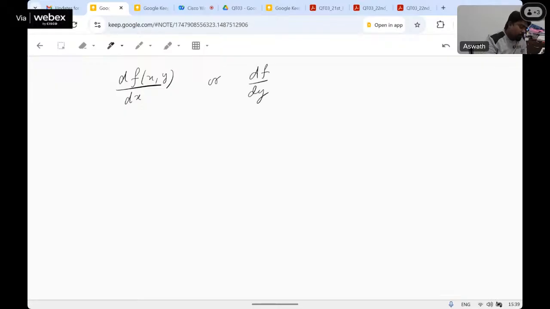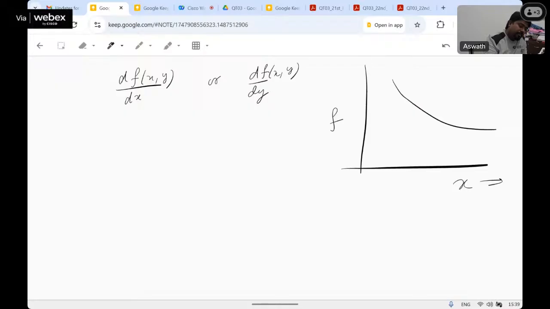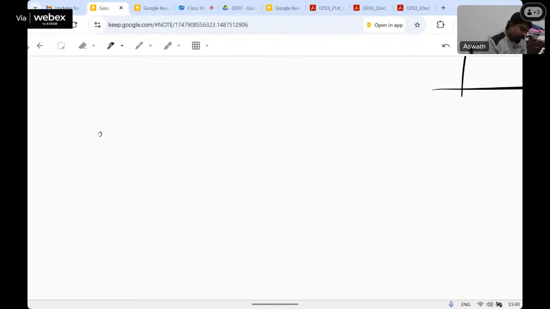That is what differentiation means, which is telling me, for a given x variation, what the function is actually looking like. Is it going to a negative slope or a positive slope, or is it increasing? That is what the derivative actually means. So differentiation implies finding or calculating the slope.